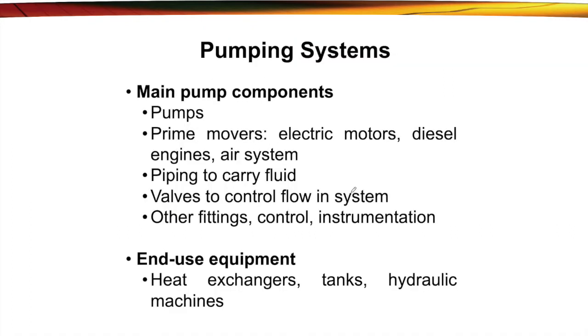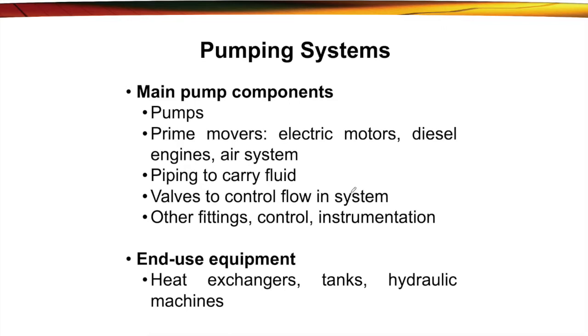So basically in the pumping system, we have main pump components: the pump and the prime mover. We have pumps, prime movers, either electrical motors or engines or air system, and then piping to carry fluid.